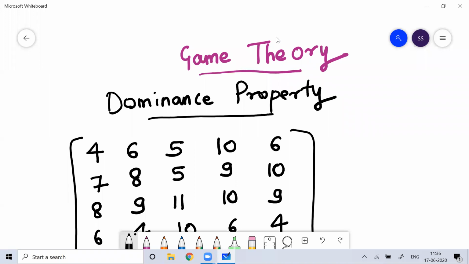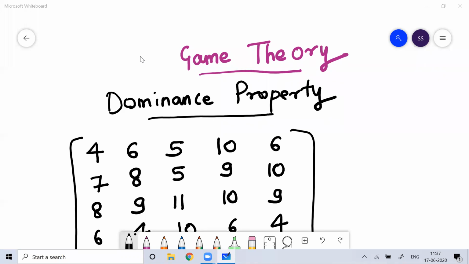So in game theory, till now we have discussed strategy. We have talked about mixed strategy. Whenever we could not establish the value of the game through a pure strategy, we apply a mixed strategy. And when we use a mixed strategy, we use probability to solve the problem.